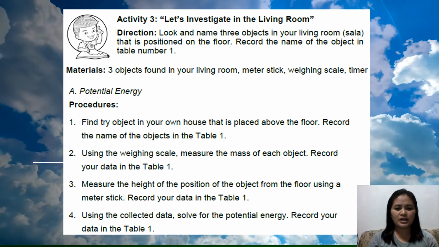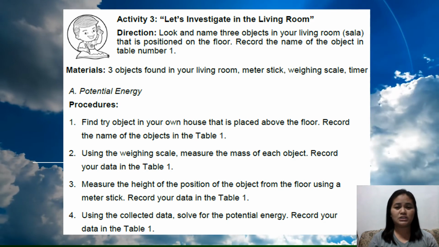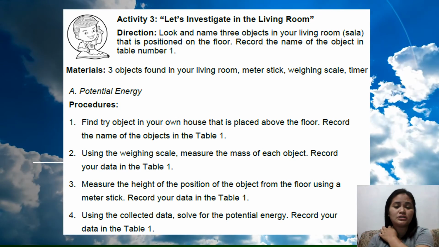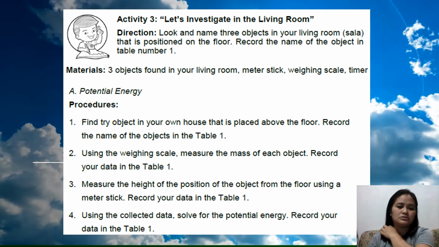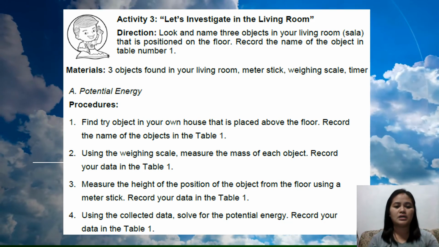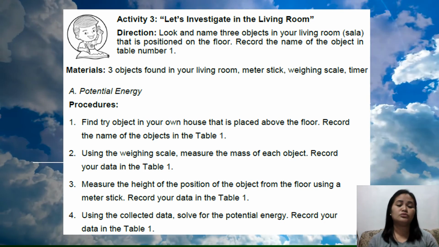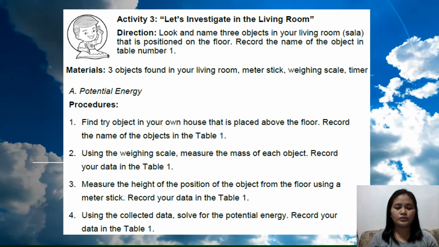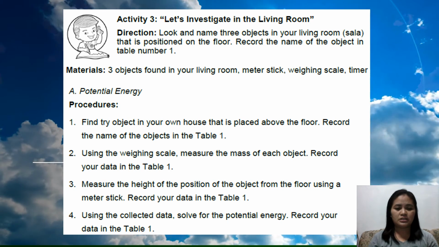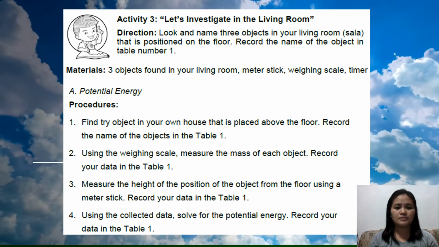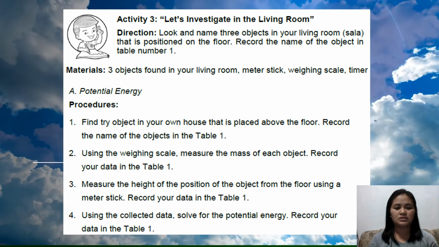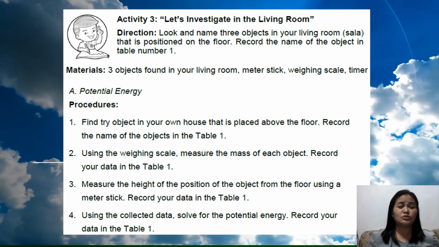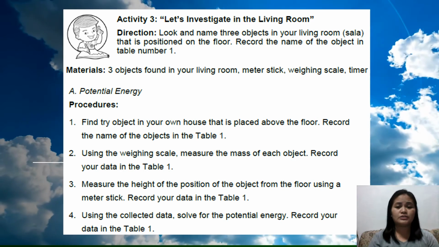And then, measure the height. Sukatin nyo daw, gamit ang meter stick or yung ruler, gano'ng kataas yung bagay na napili mo. Sulat mo din doon sa table 1. Using the collected data, solve for the potential energy. Record your data in table 1. I-apply nyo na naman dyan yung formula ng potential energy.